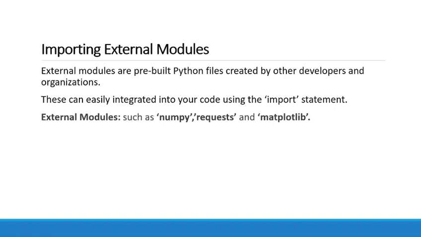NumPy is a library used for numerical computations, and Pandas for data analysis. In the same way, Matplotlib is used for creating interactive visualizations. The requests library is a simple HTTP library for making web requests.